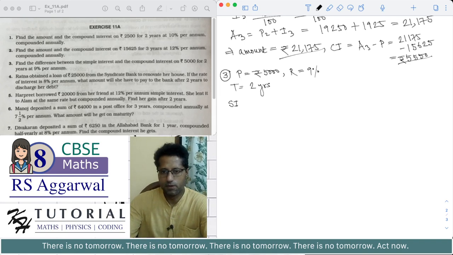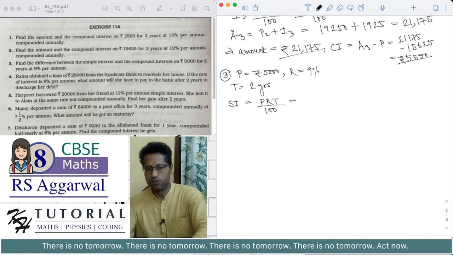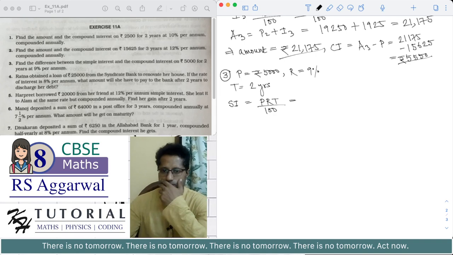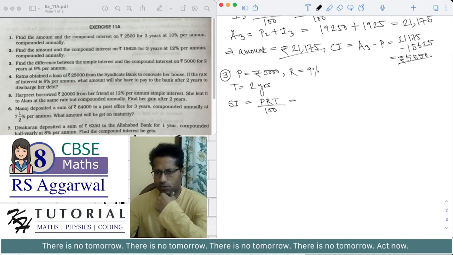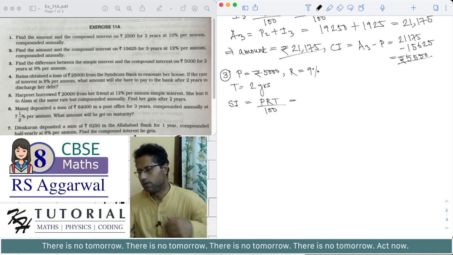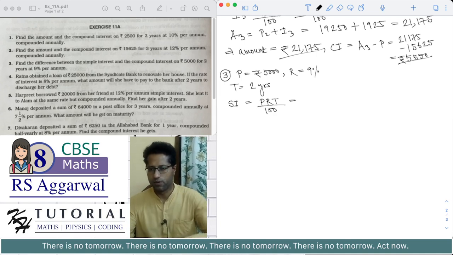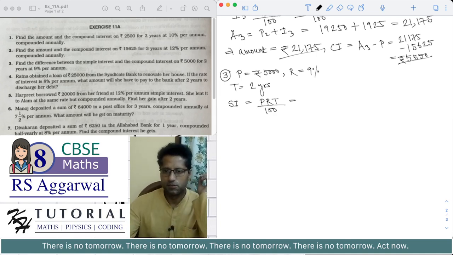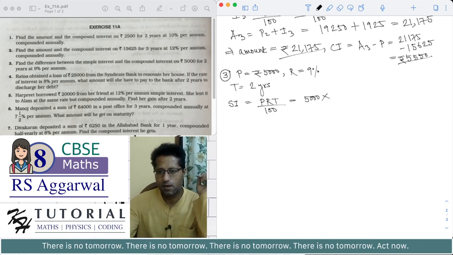We know the simple interest formula is P R T by 100, where P is the principal. Original principal is actually used in the context of finding compound interest. For simple interest, it is the principal. So we have principal 5,000 multiplied by R, the rate of interest per annum, which is 9, and the time in years, which is 2, divided by 100.